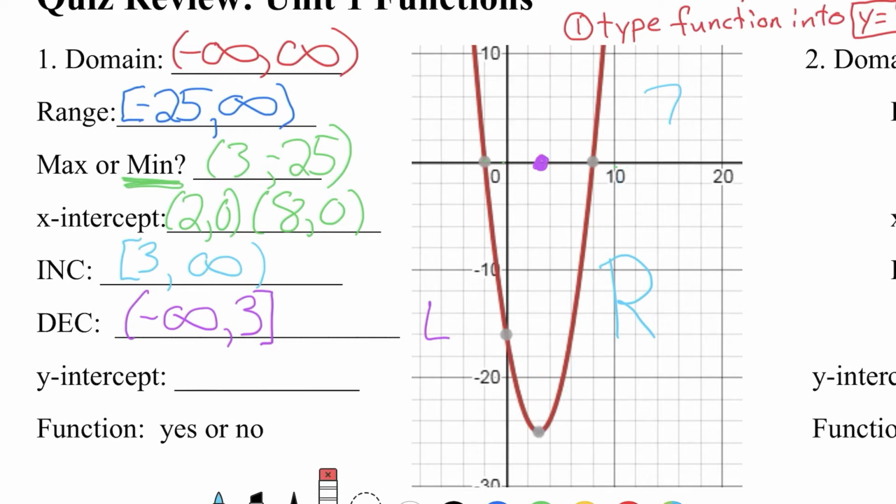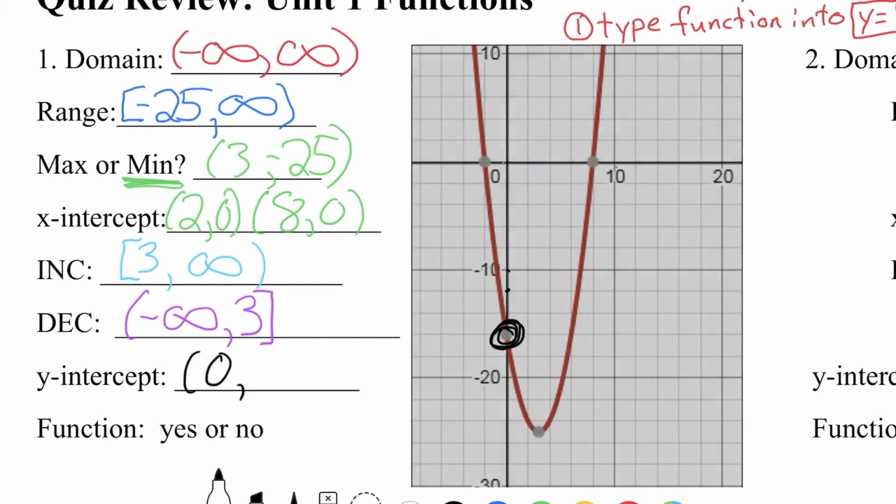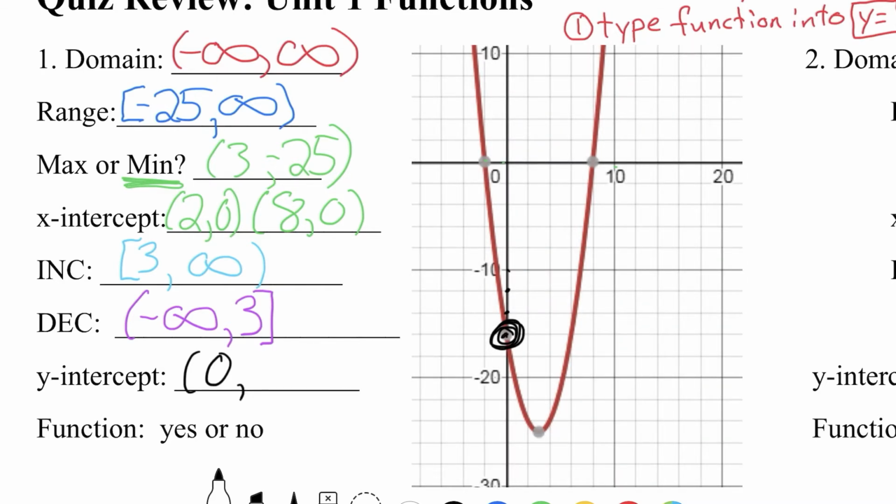And we can erase all of this so we can look at our y-intercept. Our y-intercept is this little point here. We're going to go 0 left or right, so that's going to be our x value, and then we're going to go down, remembering this counts by 2, so negative 10, negative 12, negative 14, negative 16.